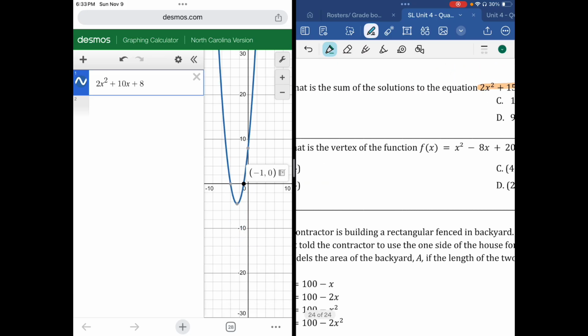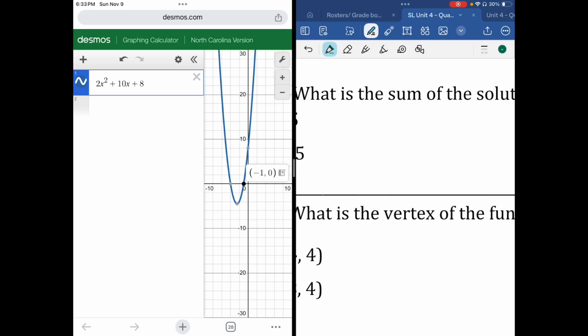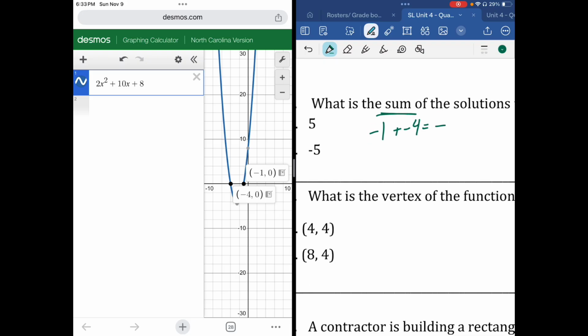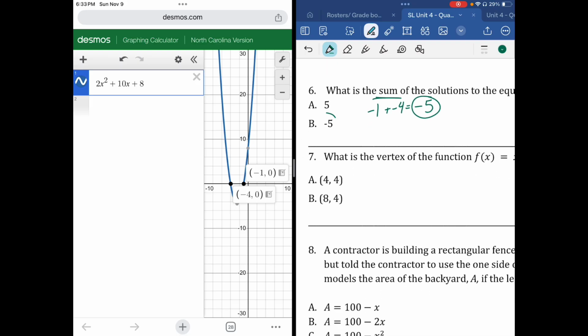We want to find the sum of the solutions. So I have negative 1 and negative 4. Negative 1 plus negative 4 equals negative 5. So our answer here will be negative 5.